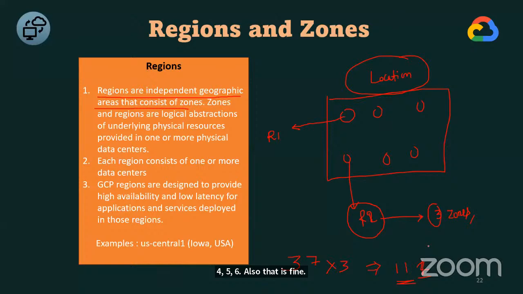What is a region from a definition point of view? A region is an independent geographic area that consists of zones. Zones and regions are the logical abstraction of underlying physical resources provided in one or more physical data centers. So zones, regions, and locations are the logical abstractions of the underlying resources.